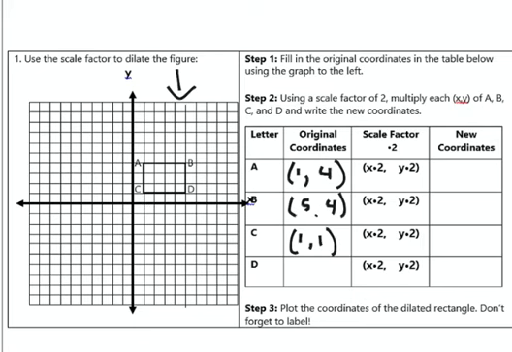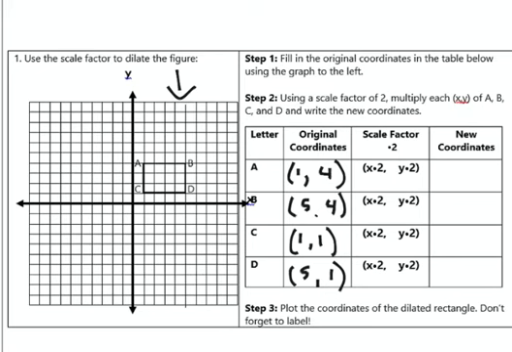And then we have D, and that point moves over 5 and up 1. Okay, so those are our original coordinates. We do have to know those in order to actually do the dilation.